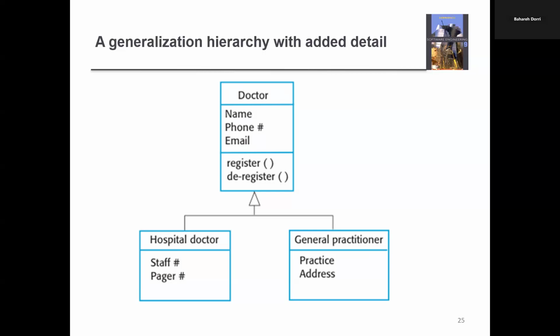As we saw in the previous slide, we have two specialist subclasses, hospital doctor and general practitioner, and each one has specific attributes. For example, a hospital doctor has a staff number and a pager number. A general practitioner has a practice name and address. So this diagram shows how inheritance supports reuse and specialization in object-oriented design.